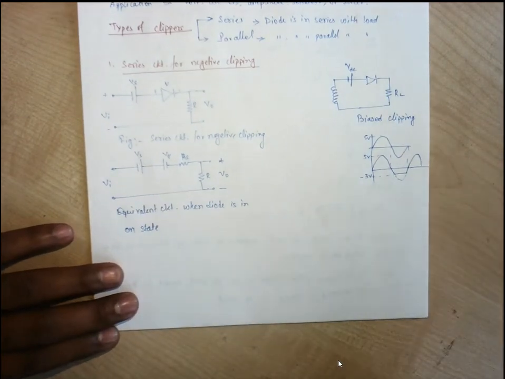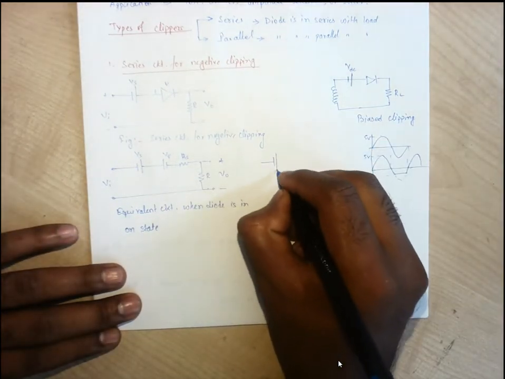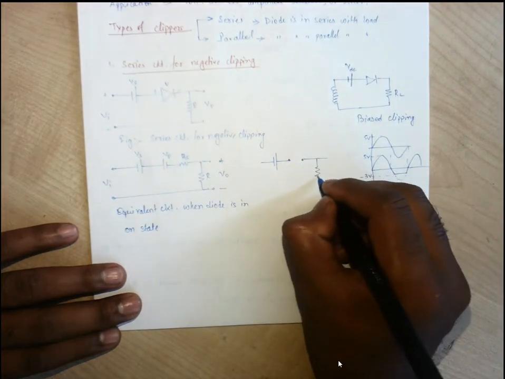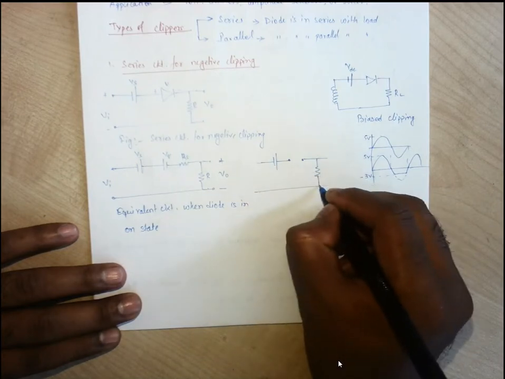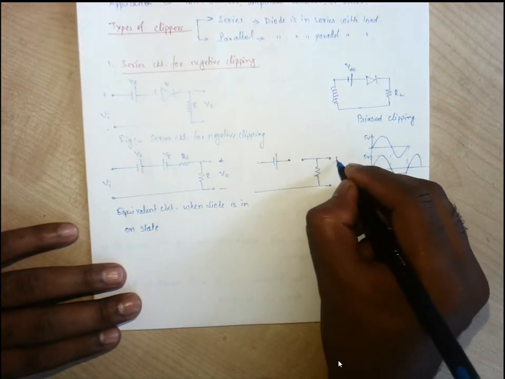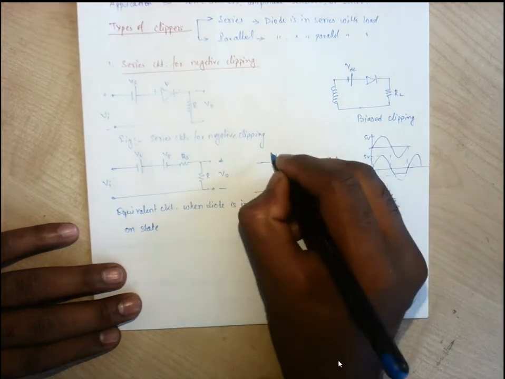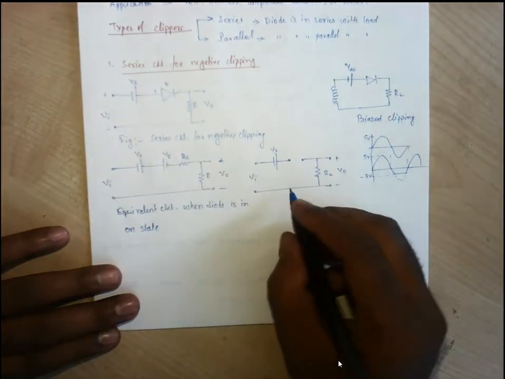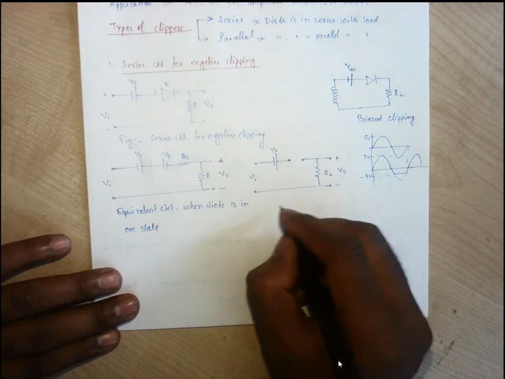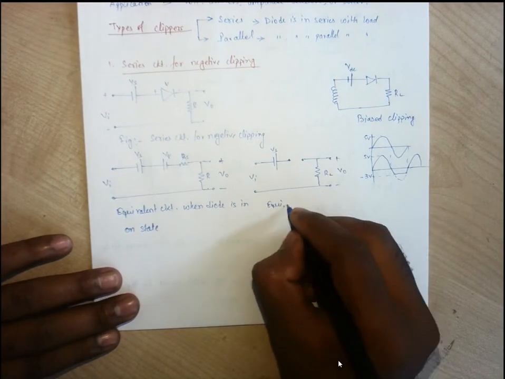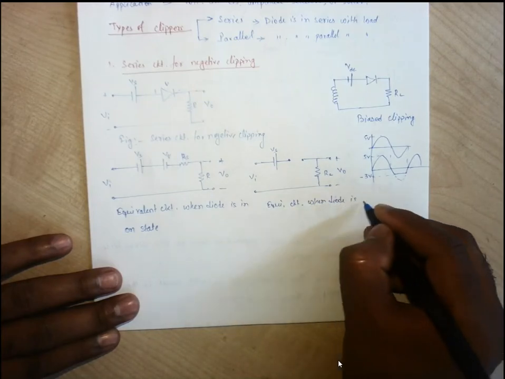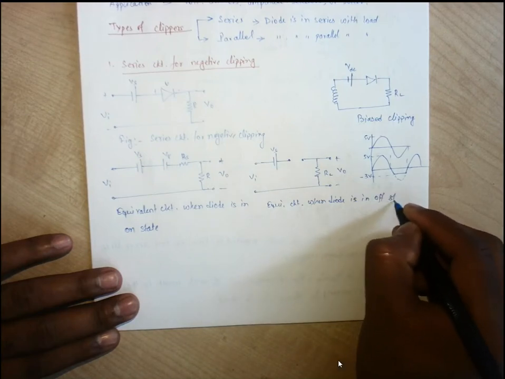Another possibility, the diode is off. Off, it is simply an open circuit. So this is the equivalent circuit when the diode is in off state.